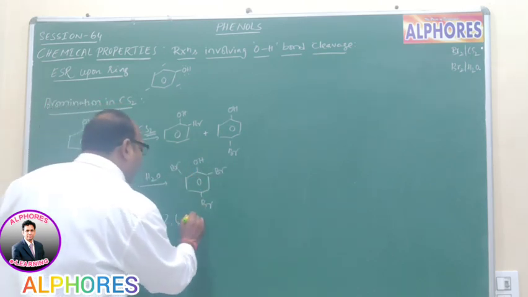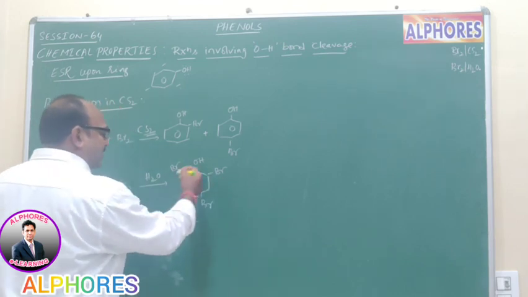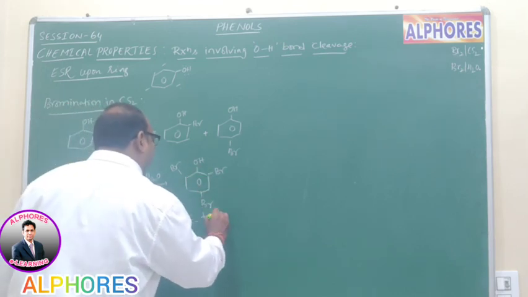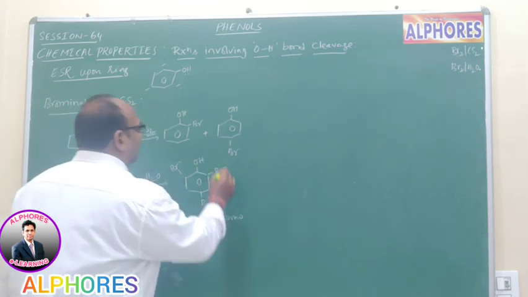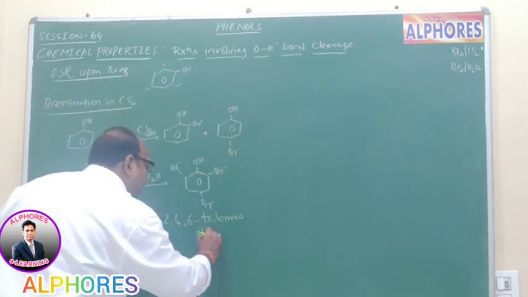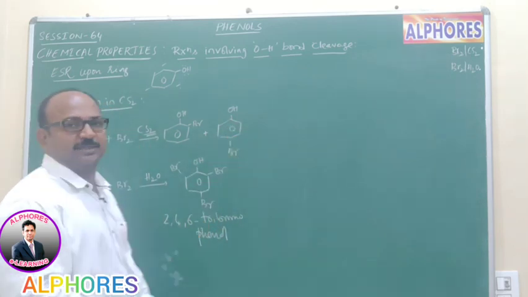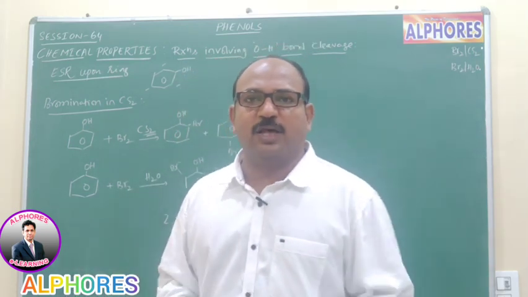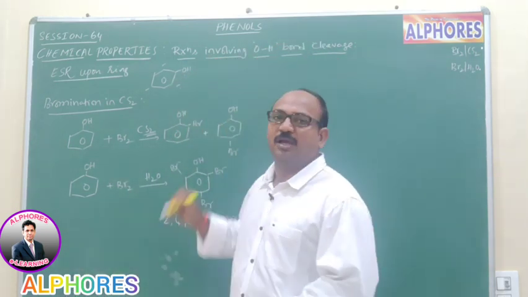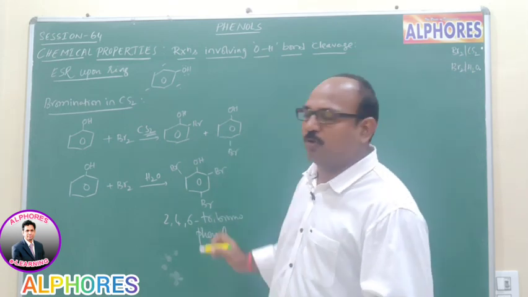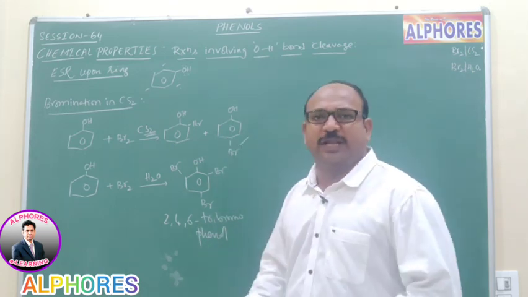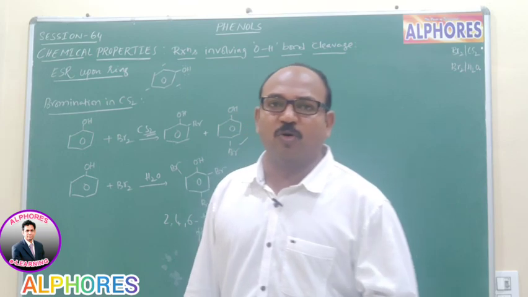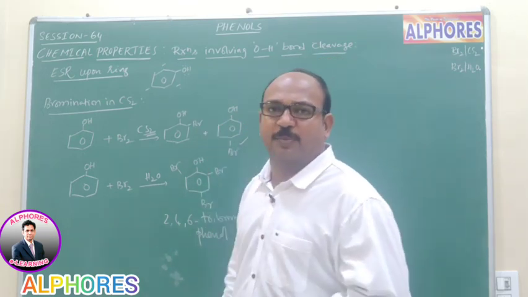So here we get excessive bromination, whereas in the earlier case monobromination. So why does it happen like that? In the first case, in the non-polar solvent, monobromination gives ortho-bromo and para-bromo products. Obviously the para-bromo product is the major product and the ortho-bromo product is the minor product.